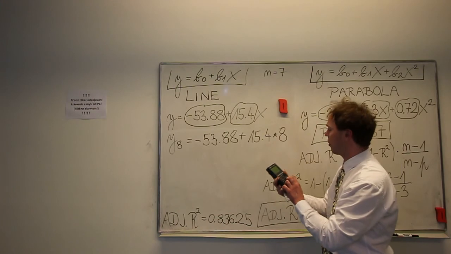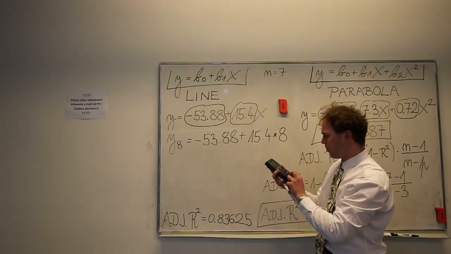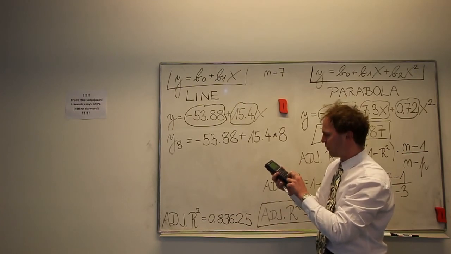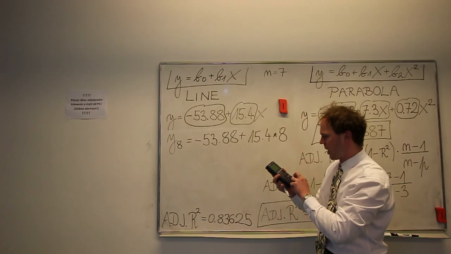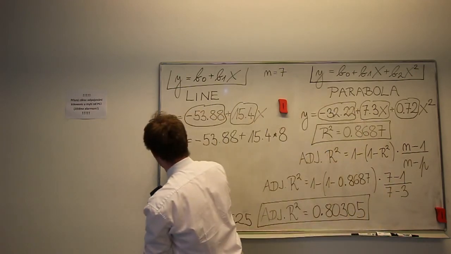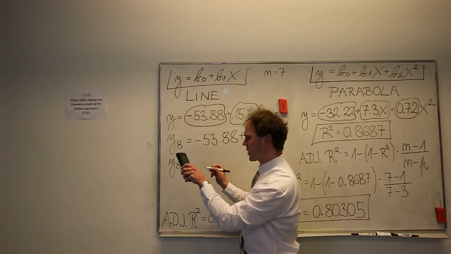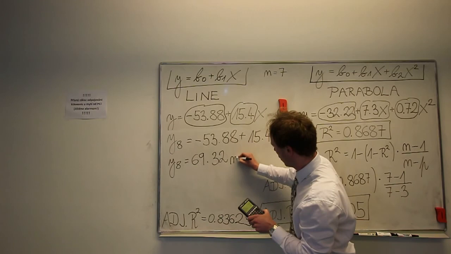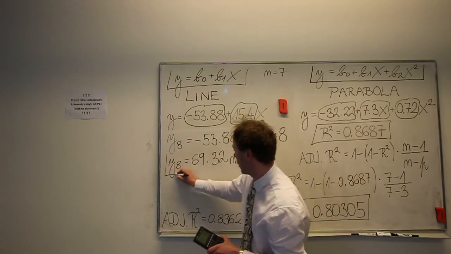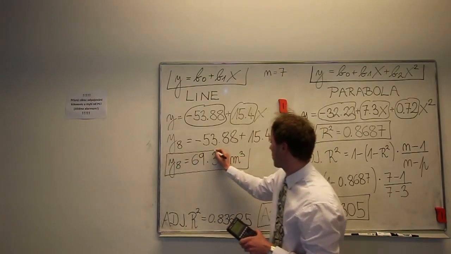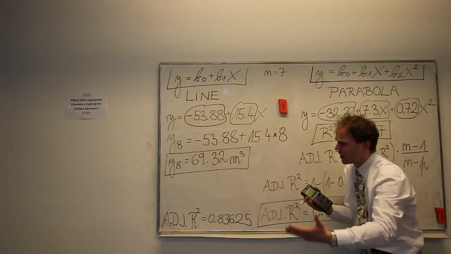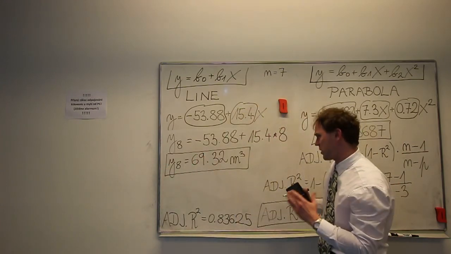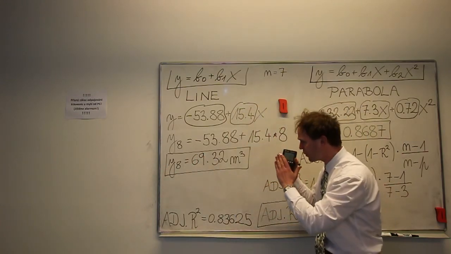On the calculator we can calculate 15.4 times 8 minus 53.88. Okay, so the result is 69.32 cubic meters of yield. If you use 8 kilograms of fertilizer, you can expect that you will have 69.32 cubic meters of yield.